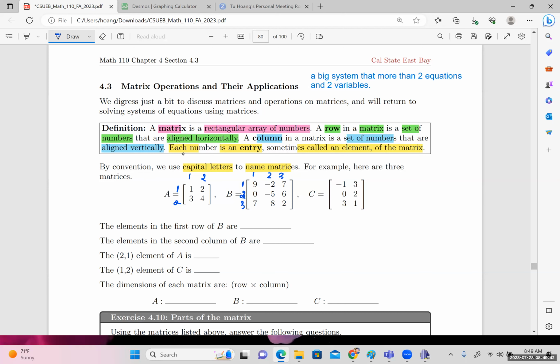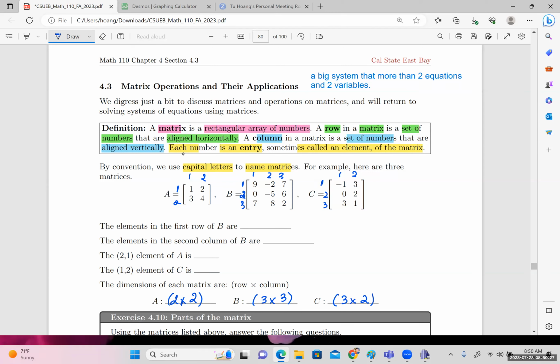And C we have 1, 2, 3 rows, 1, 2 columns, right? So I can state the dimensions of each matrix by rows and columns. A is 2 rows by 2 columns. B is 3 rows by 3 columns. C is 3 rows by 2 columns, right?